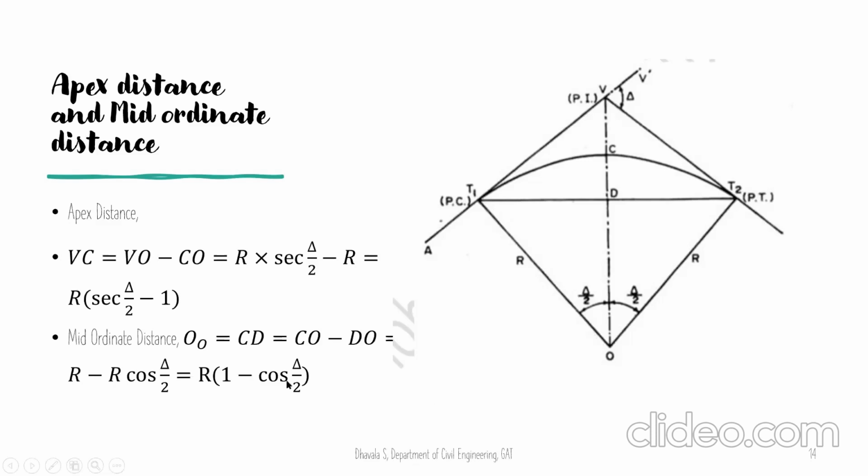We get the equation to be equal to R into secant delta by 2 minus R. R can be taken outside and the equation gets reduced to R into secant delta by 2 minus 1. Similarly, mid-ordinate distance can be R minus R into cos of delta by 2. Taking out R as common, the equation gets reduced to R into 1 minus cos of delta by 2.